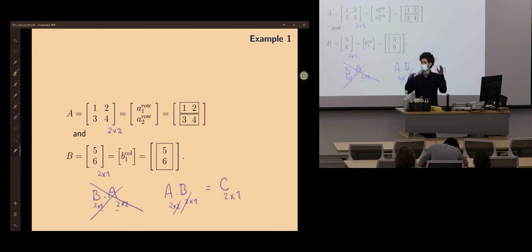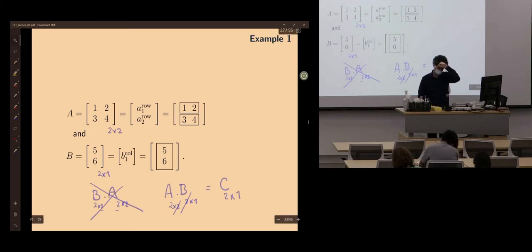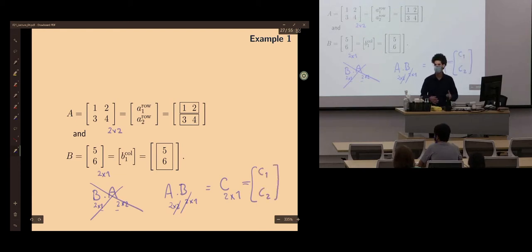I think about it as, we'll see, we'll be summing over that number. It's the common number between two matrices, and it will disappear. So now from the syntax we learned so far, that's what we expect to get. Of course, we don't know the numbers, but let's call it C1, C2, and we expect to see something like this.